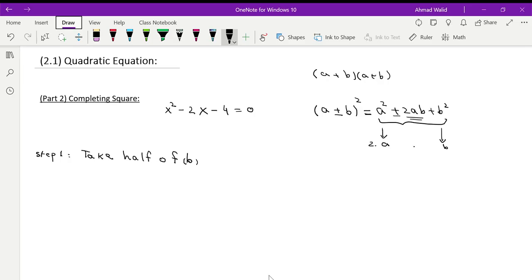You know b means the coefficient of x. Take half of b, or I can say the coefficient of x. B means the coefficient of x, right? And square it.